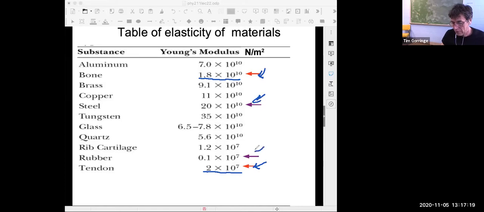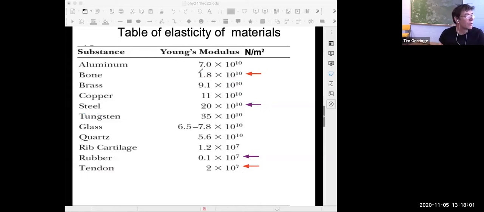And here's a couple of interesting materials. There's steel and rubber. And I think of these steel and rubber as kind of the man-made equivalents for our bone and tendon. The steel is very rigid, it has a very large Young's modulus. The rubber is very elastic, very small Young's modulus. And these are different by 1,000,000-fold rather than 1,000-fold between the bone and the tendon. Okay, so that's just the world of elasticities, the table of elasticities.